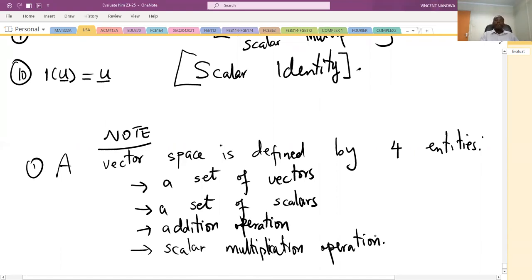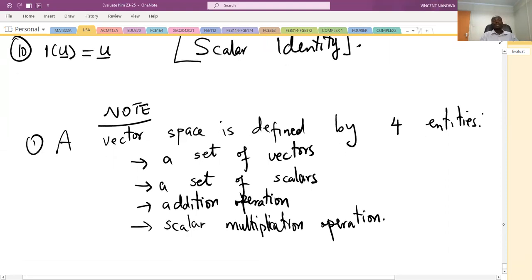So that's one. Therefore, you have to ensure that all these things can be clearly understood if you're defining a vector space.